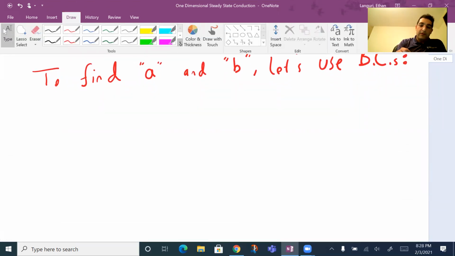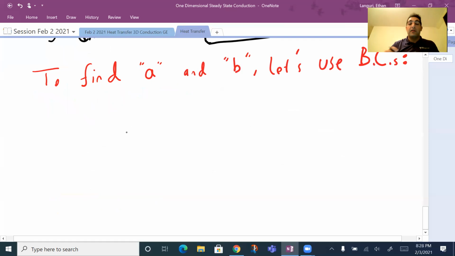For using boundary conditions, or to understand the boundary conditions, we should go back to the problem itself.